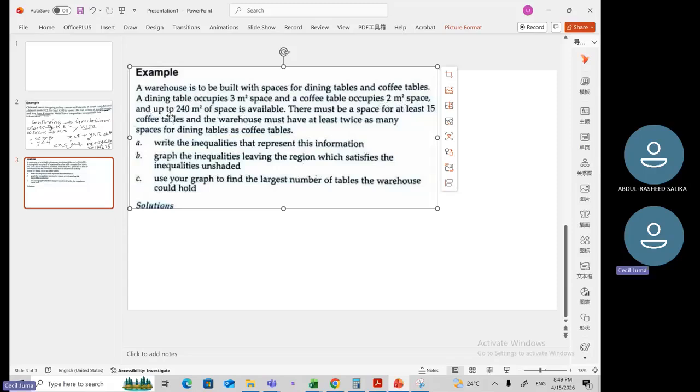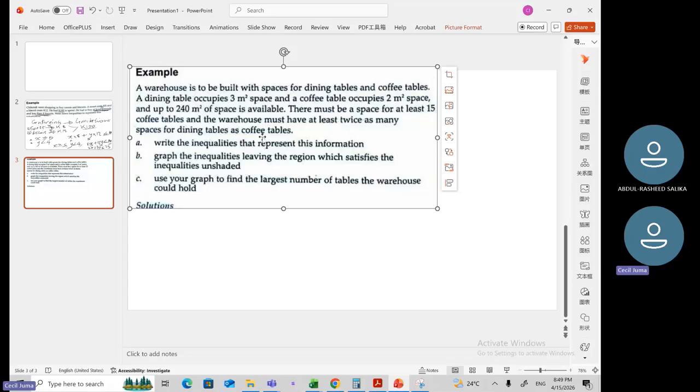And up to 240 square meters of space is available. There must be a space for at least 15 coffee tables, and the warehouse must have at least twice as many spaces for dining tables as coffee tables.